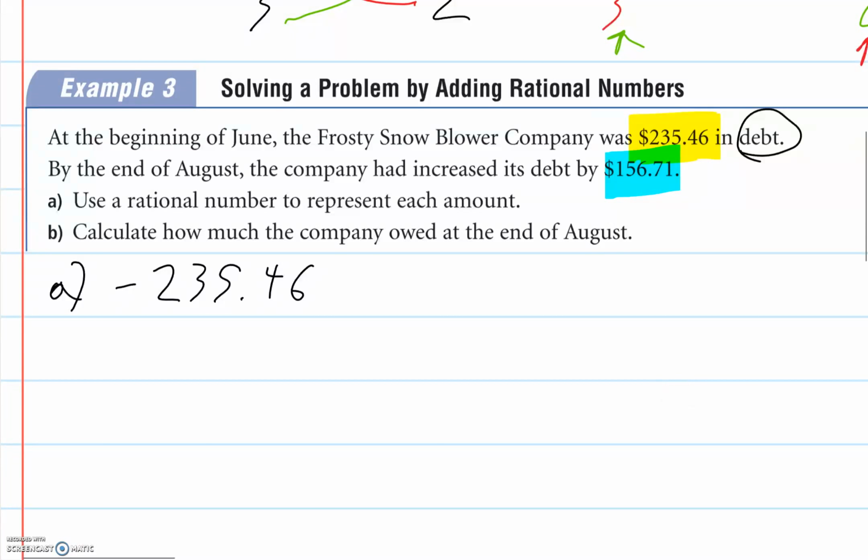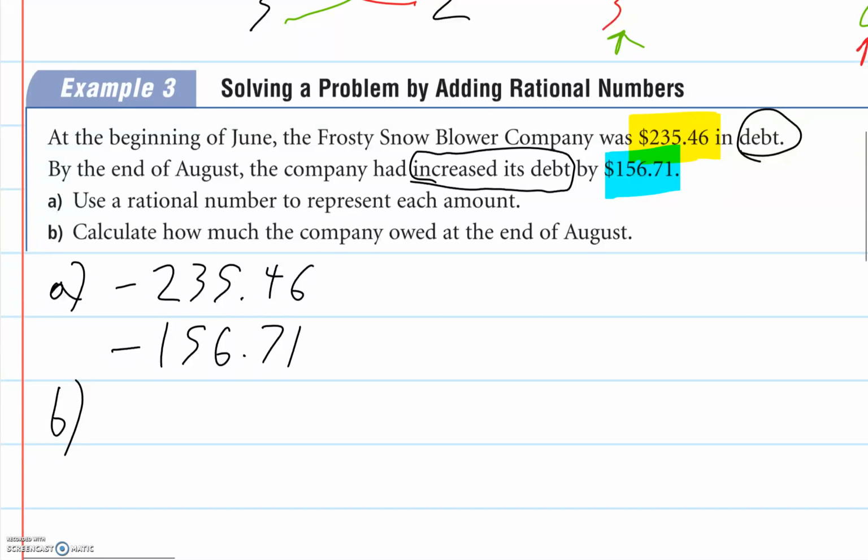The next number says increased its debt, so it's still debt and it's making the debt worse. The next number is negative because it's debt, and then the number, 156.71. Okay, that's part A done.